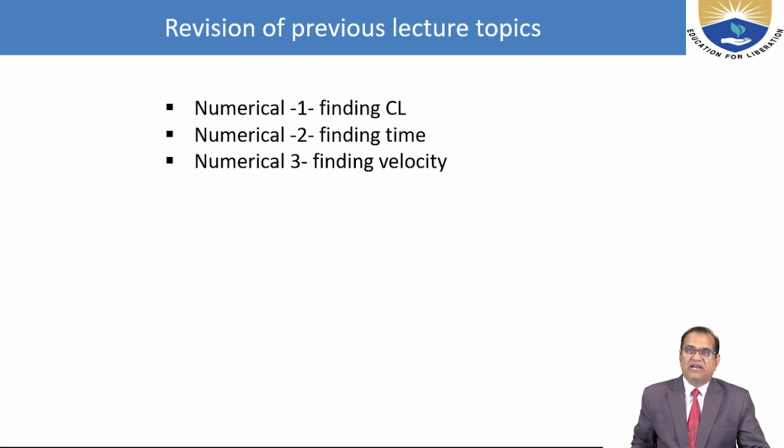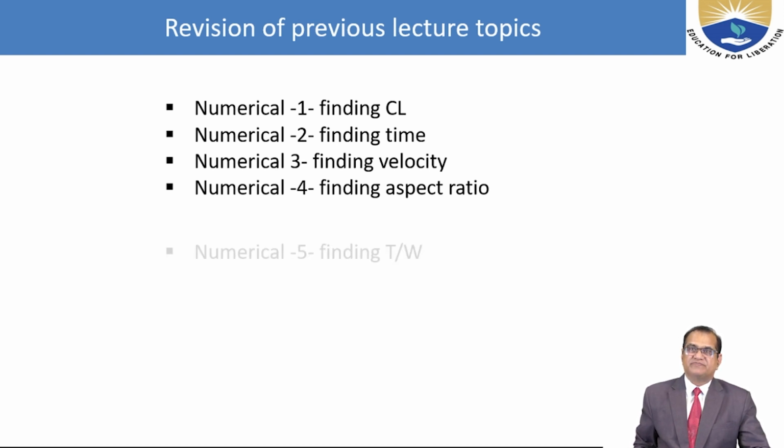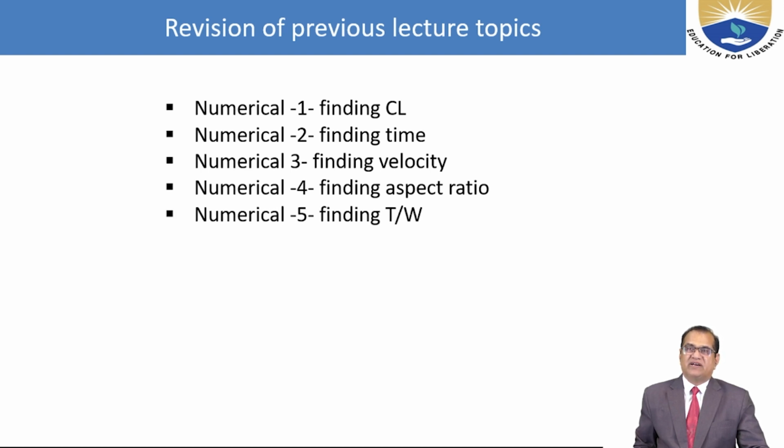Then we have also done numericals finding the aspect ratio of the aircraft wing, and finding the thrust to weight ratio. This we have already covered in my previous lectures.